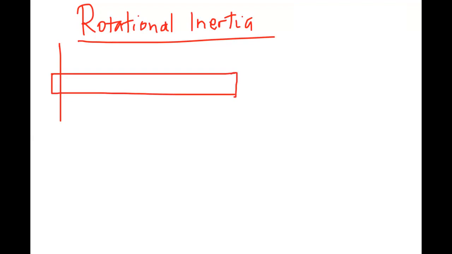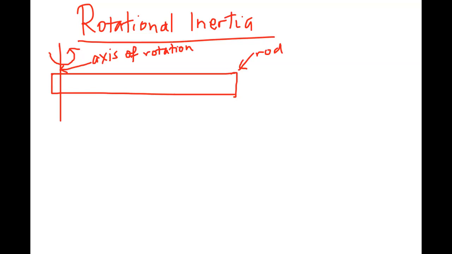This is the axis of rotation, and we spin it like that. So this is a rod, and you'd like to spin it through this axis of rotation.